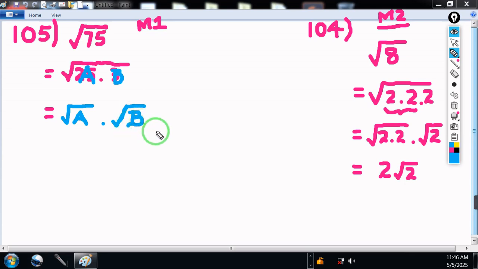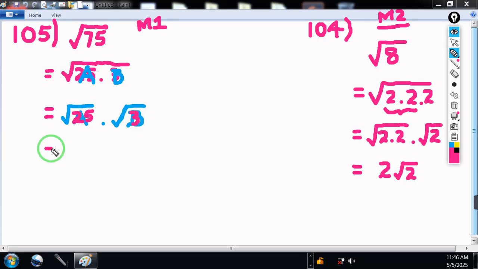Substitute, they say, British system. Okay, so A there is 25. The B above that is the 3.